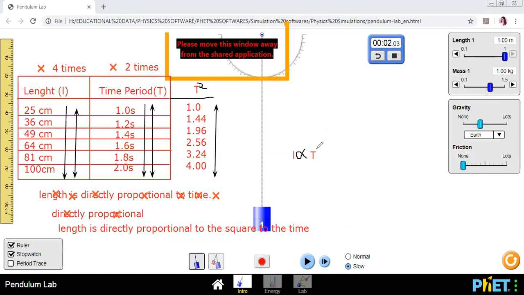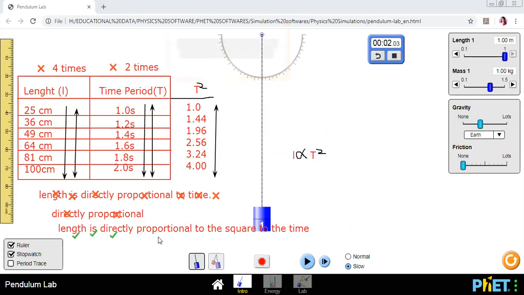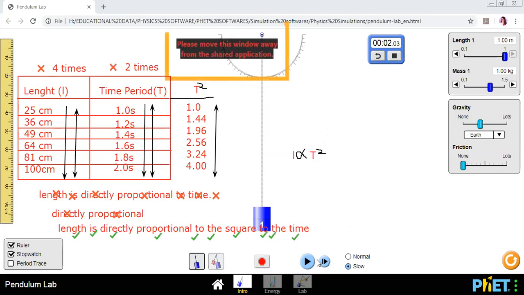Write down, this is the relation for the time period of a simple pendulum. Length is directly proportional to the square of the time. Clear? All of you getting it?